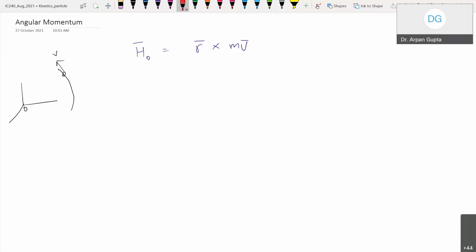Now, if I take the derivative of this equation, d by dt of h naught, this is going to be v vector cross mv vector plus r vector cross ma vector. So h naught dot is equal to, now this is v vector cross mv vector.